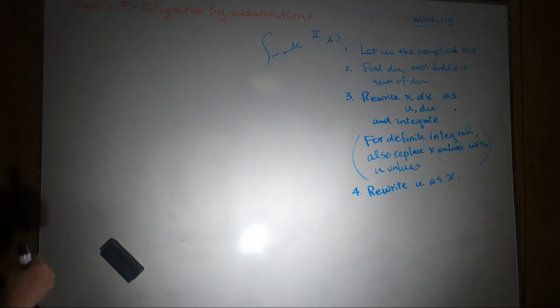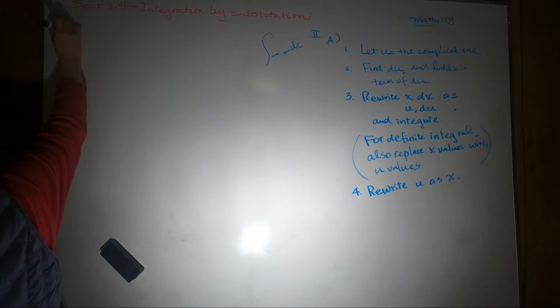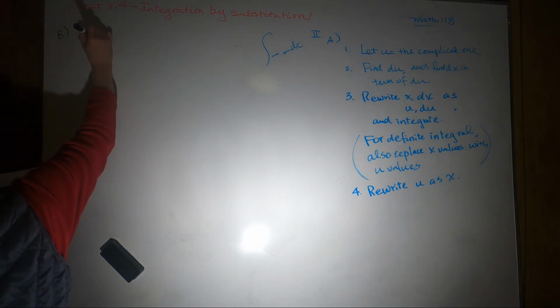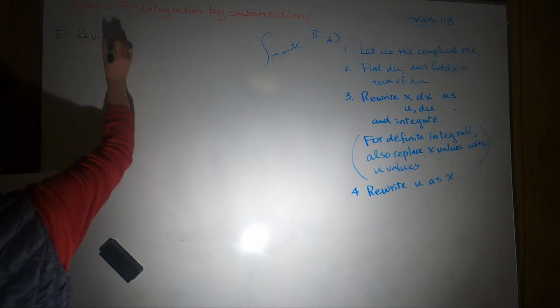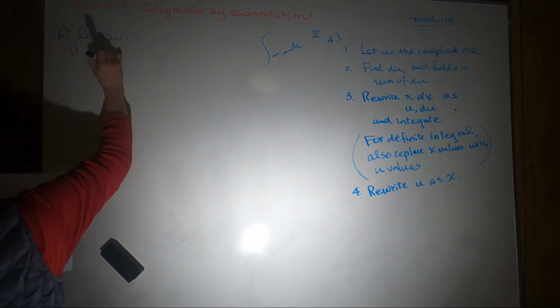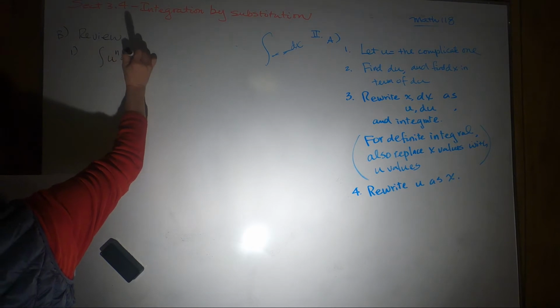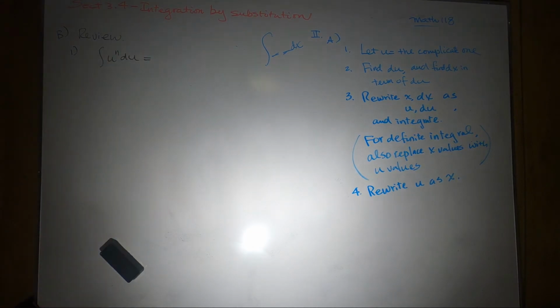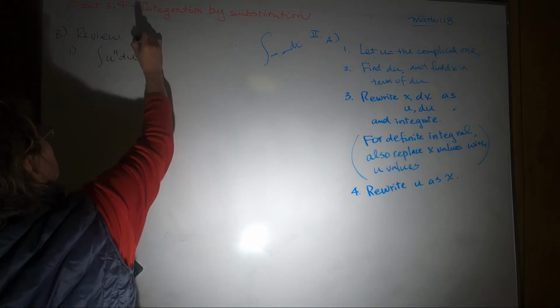All right. So before we do that, let's review some more. Okay, so say we have u to the n du, a simple u, right? With n not equal to negative 1.